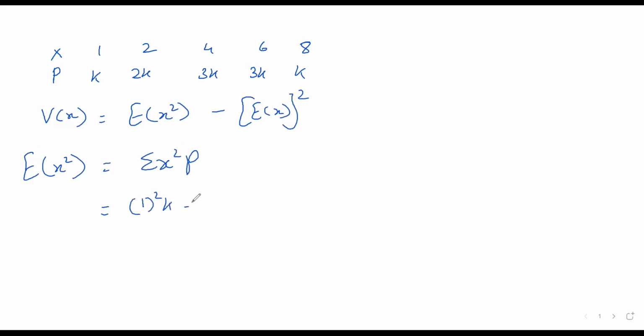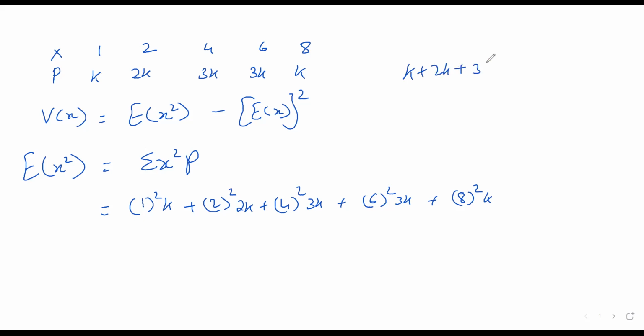It is 1 square into K plus 2 square into 2K plus 4 square into 3K plus 6 square into 3K plus 8 square into K. Now, one thing that we should know that if it is a probability distribution, addition of all probability is 1. So K plus 2K plus 3K plus 3K plus K is equals to 1. हे काय तर 3K, 3K plus 3K, 6K, 9K, 10K. 10K is 1, so K will become 1 by 10.